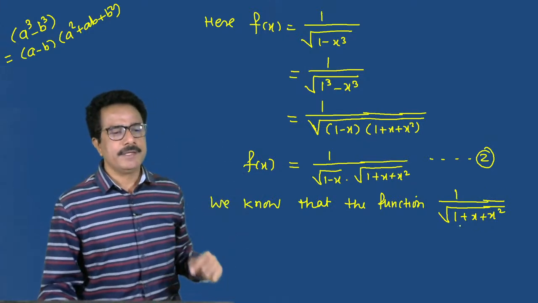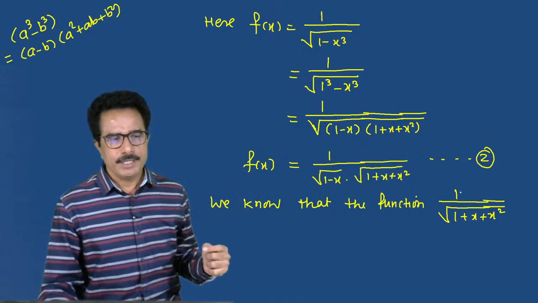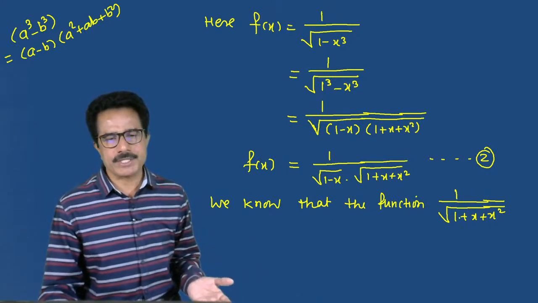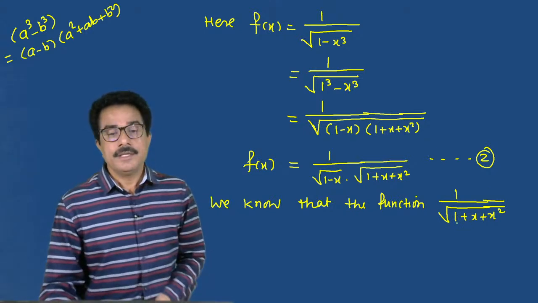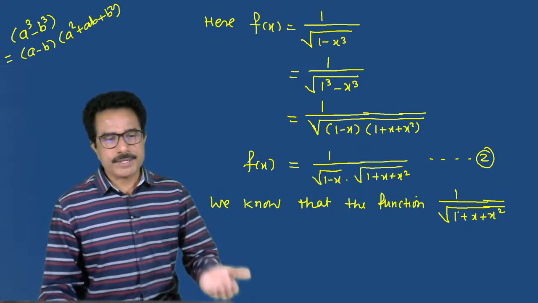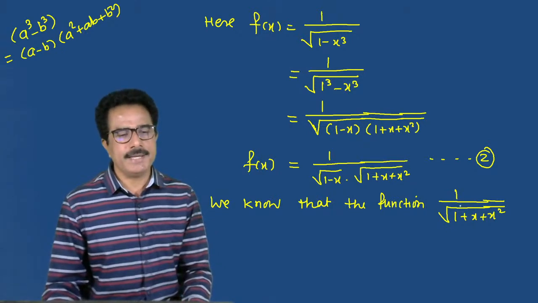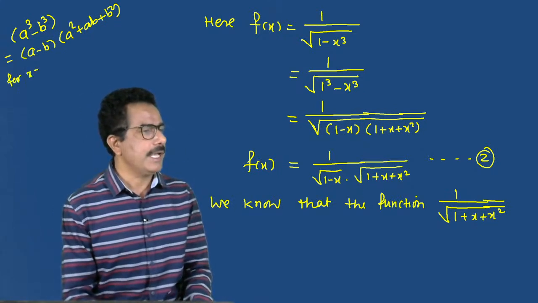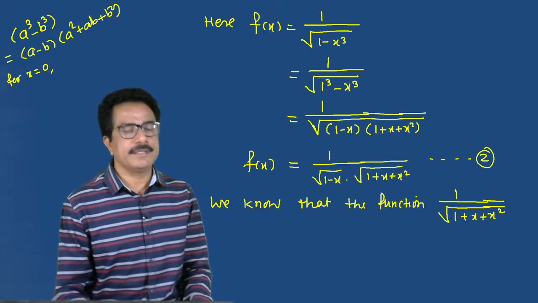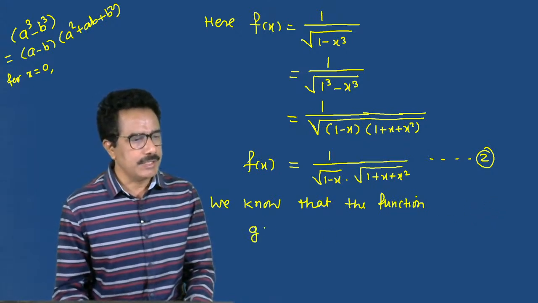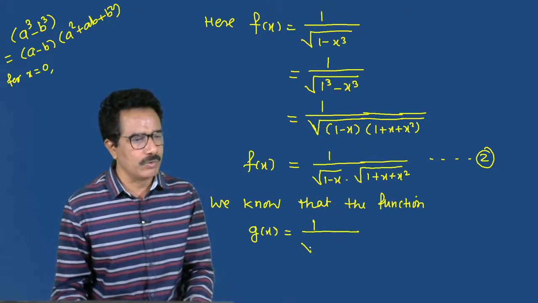Now if we put x equal to 0 in this function, suppose we consider this function as g of x, which is bounded. Why bounded? Because putting x equal to 0 gives the value 1. Consider the function g of x equal to 1 upon root of 1 plus x plus x square.